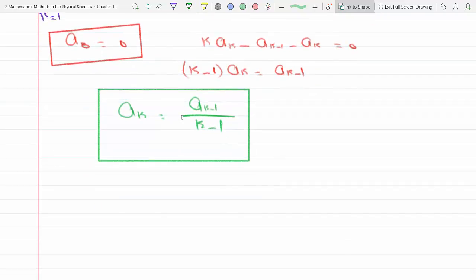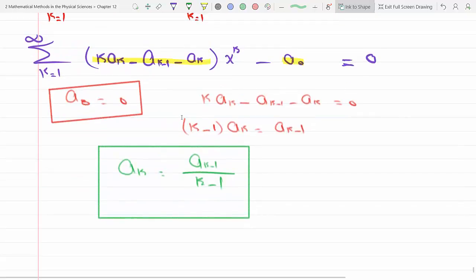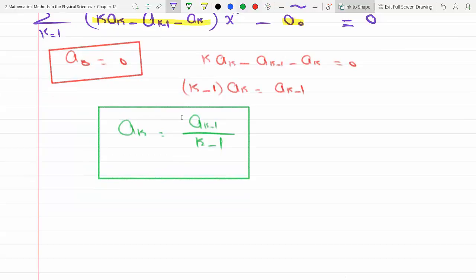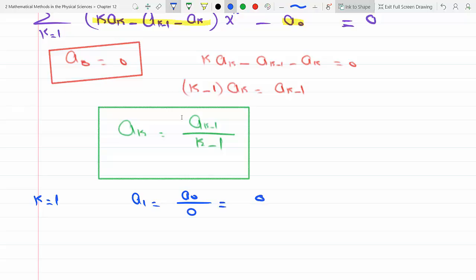So for example, k is starting at 1. Let's apply it for a few. When k is 1, I get a1 equals a0, which I know is 0, over 0. So this is undefined. This is 0 over 0. So that means this does not exist.